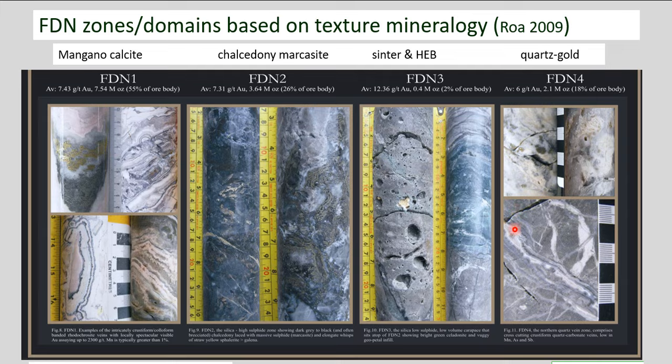The distinctive thing about this zone is that it's relatively low in sulfide and quite high in gold. In the FDN2, the gold is quite hard to see, and in the manganocalcite it's easy to see, and there are beautiful textures. So that was what existed in 2006-07, that kind of idea. We go to the next slide.